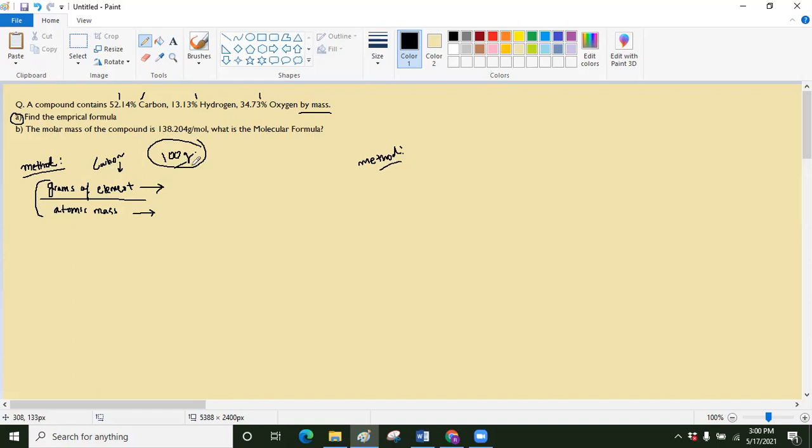So if we assume there were 100 grams in the compound, we could take 52.14 grams of carbon and divide by the atomic mass. The atomic mass of carbon, if you look it up on a periodic table, is 12.01.